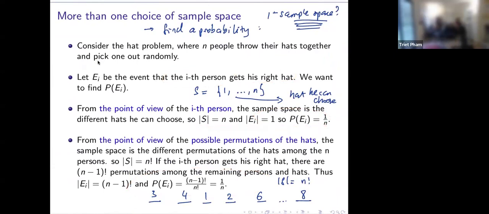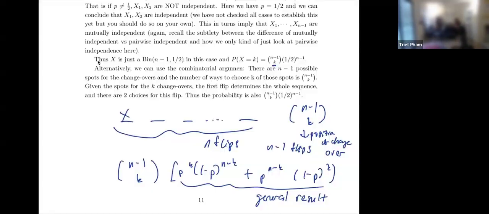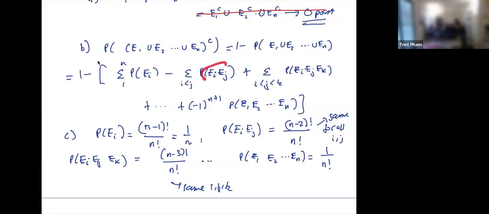On the other hand, in the hat problem, this is not the end of the story. This is really just a small part of the calculation. The calculation requires us to calculate all E_i E_j, E_i E_j E_k kind of thing.